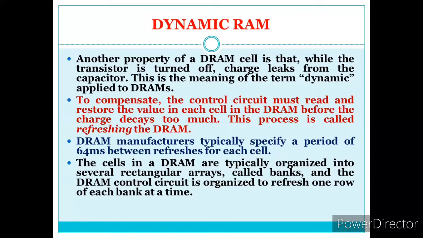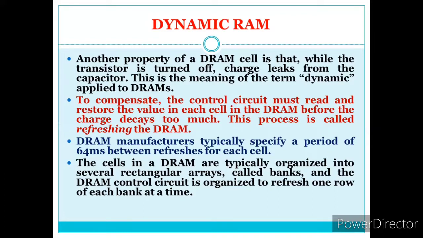So to compensate, the control circuit must read and restore the value in each cell of the DRAM before the charge decays too much. This process is called refreshing. In order to maintain the value, the refreshing of the DRAM has to be done frequently. The manufacturers have kept the standard delay of 64 milliseconds for refreshing each cell.